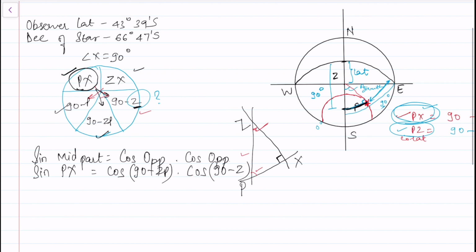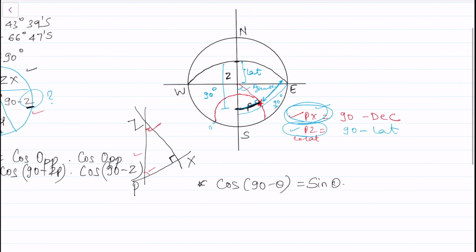Now you need to remember two things. Cos of 90 minus theta, whichever angle theta you want, is equal to sine of theta. Remember this formula. So in this formula, sine PX I'll keep as it is. Now for cos of 90 minus ZP, I'll just rearrange this.